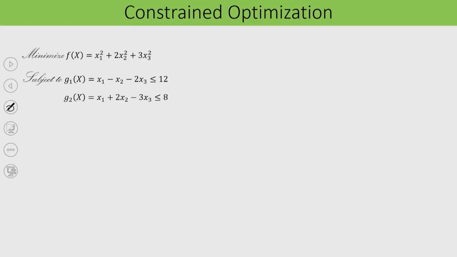Okay. So, this is a minimization problem. So, minimize f x equal to x 1 square plus twice x 2 square plus thrice x 3 square, and we have two constraints here, subject to z 1 x, which is x 1 minus x 2 minus twice x 3 is less than equal to 12, and z 2 equal to x 1 plus twice x 2 minus thrice x 3 less than equal to 8.